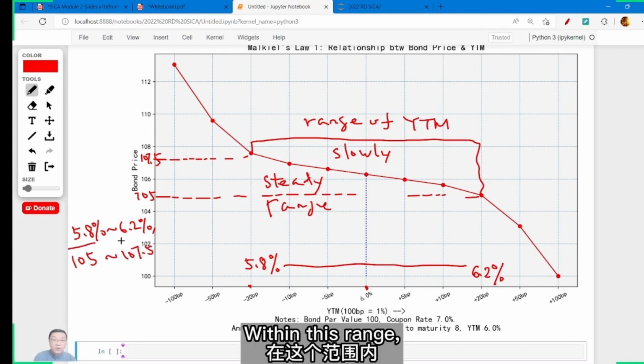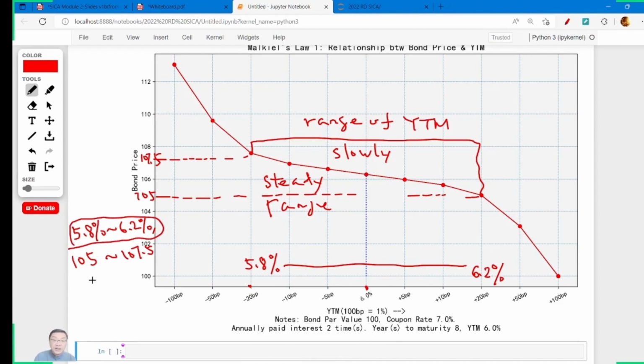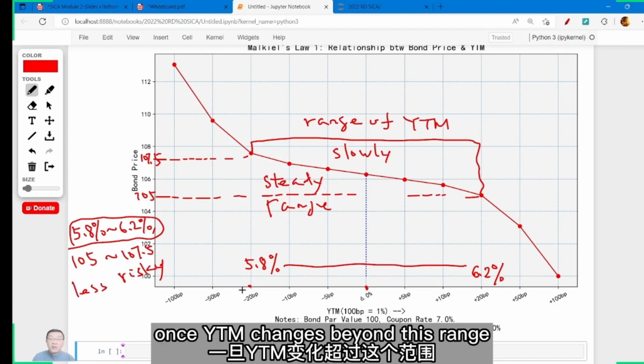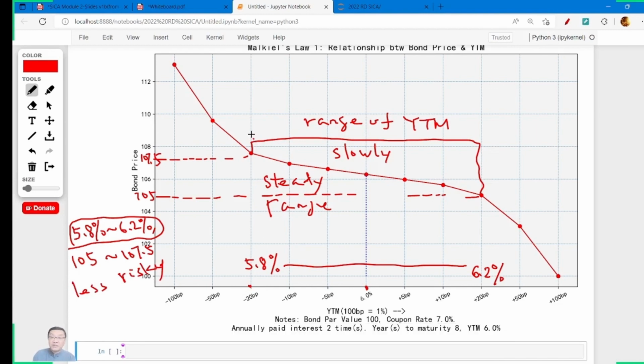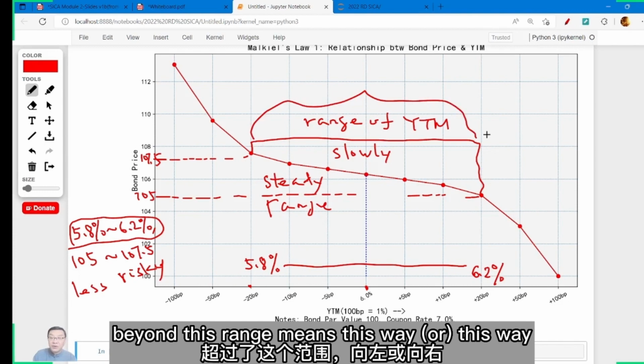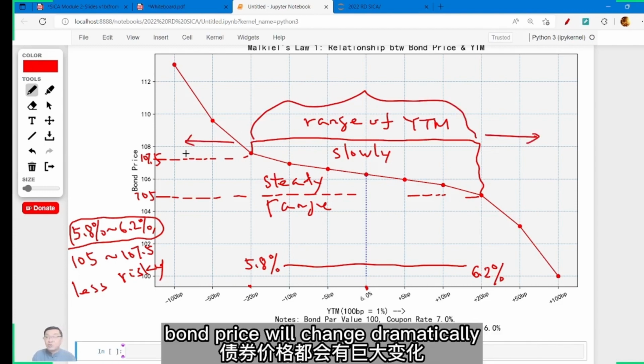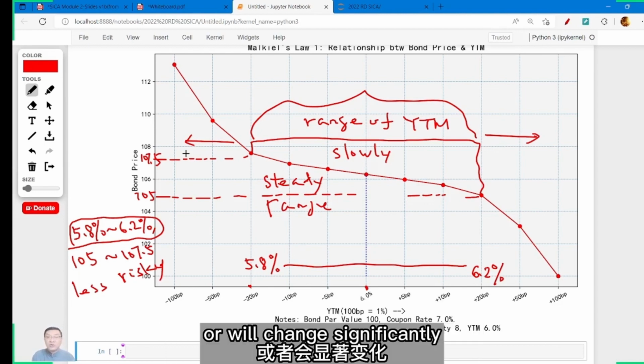Within this range, it is less risky. However, once YTM changes beyond this range, this way or this way, bond price will change dramatically or significantly.